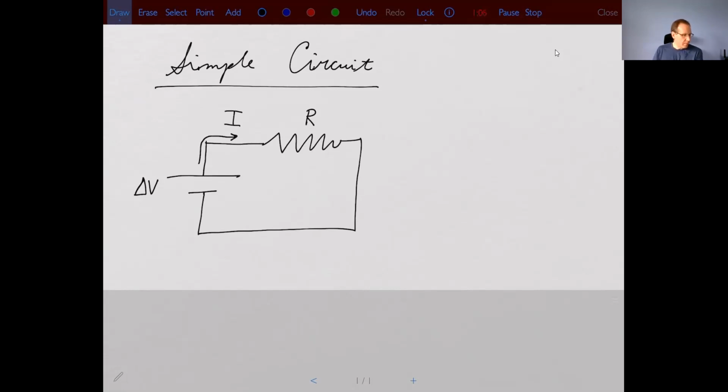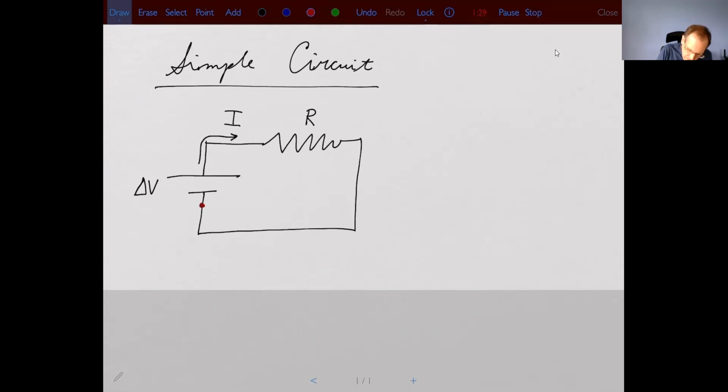Now, let's say I wanted to measure that current I using Ohm's law. If you think about the potential, let's look at two particular points. I'll look at this point right here on this side of the battery.